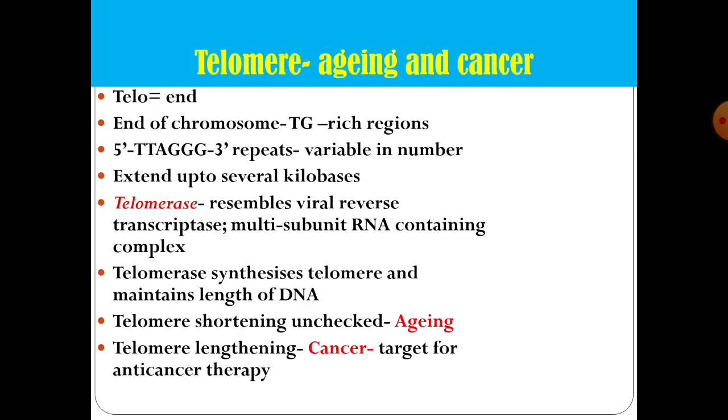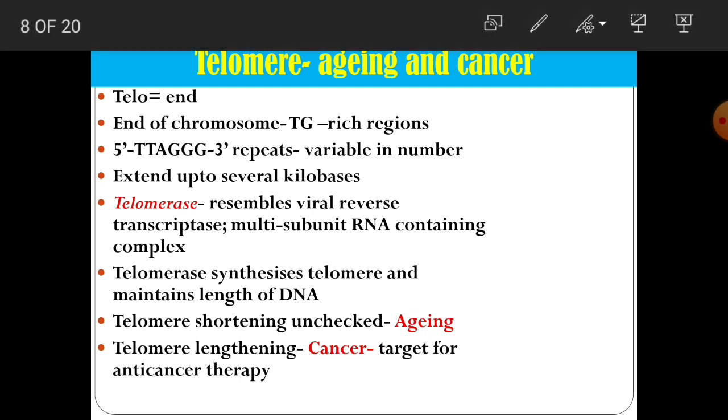Another term you might have come across very frequently in your +2, now these things have come up. So, telomere, it is involved both in aging as well as cancer. Telo, as the name suggests, means end. So, at the ends of the chromatids we have these telomere regions, and these are TG rich regions.